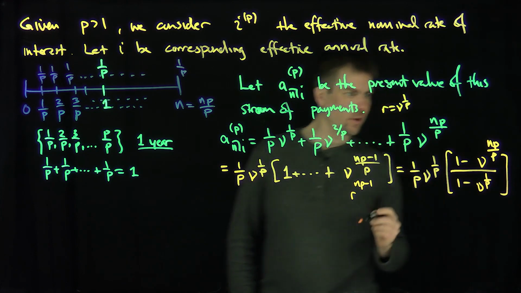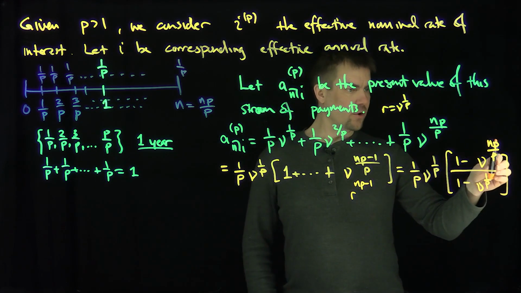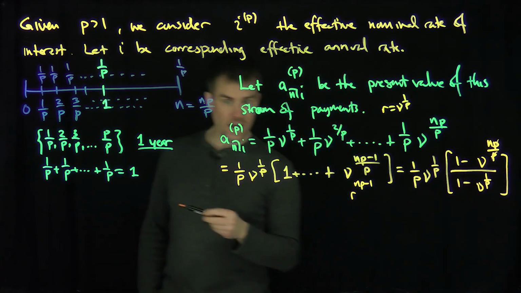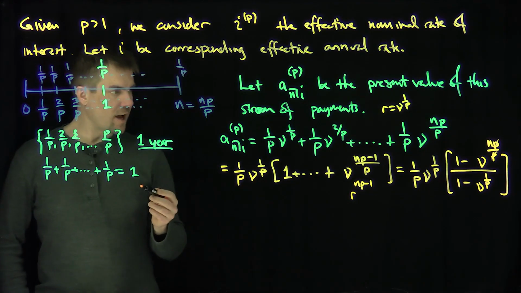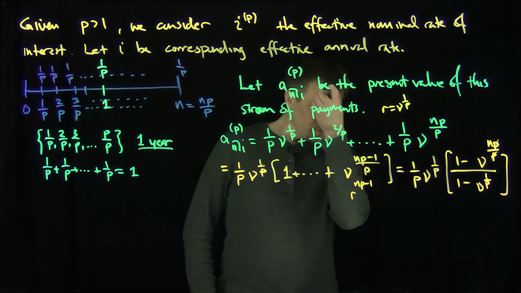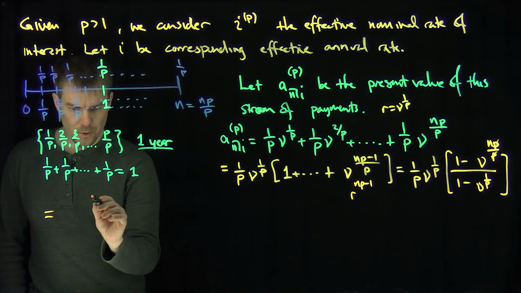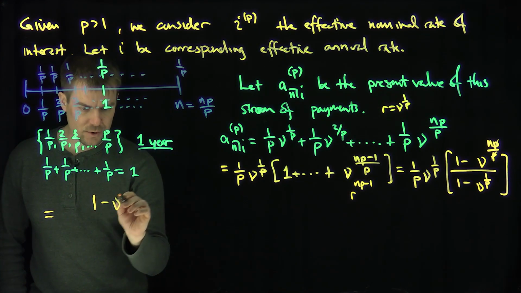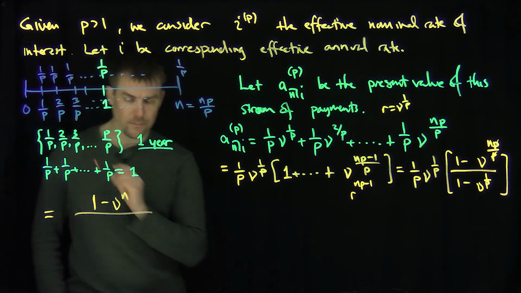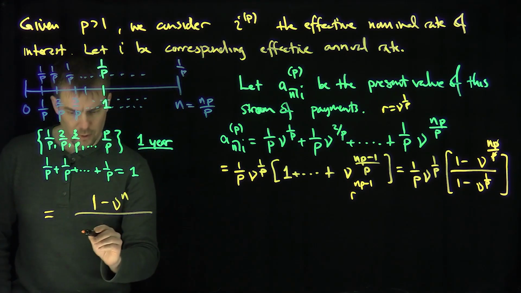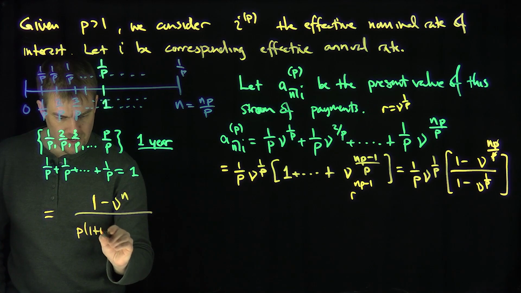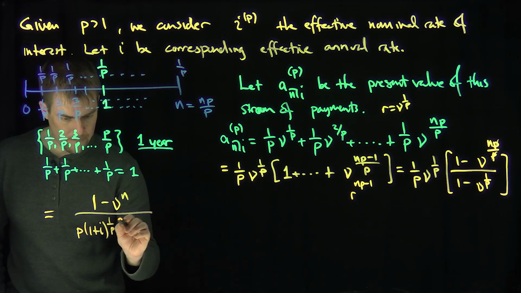The numerator is just going to simplify to nu to the power n. The p's are going to go in the denominator. So this is equal to 1 minus nu to the n over p, and then 1 plus i to the 1 over p.